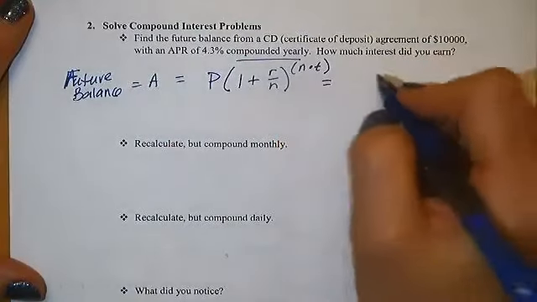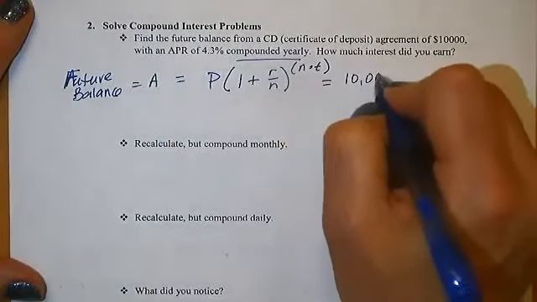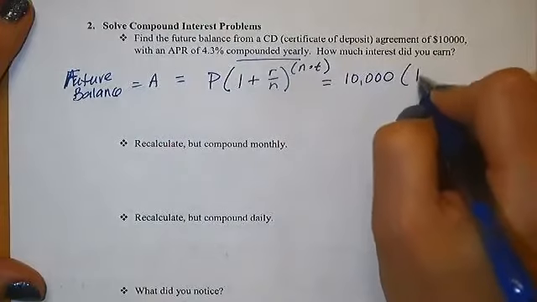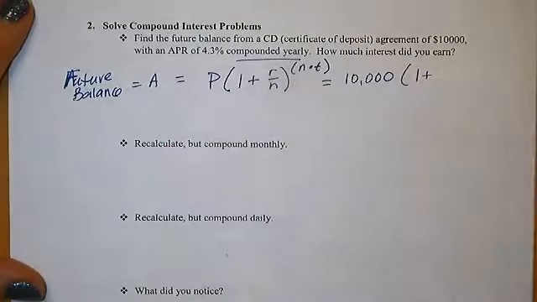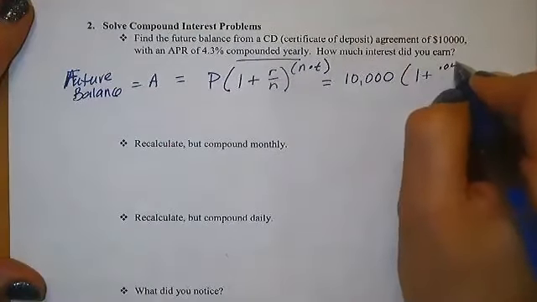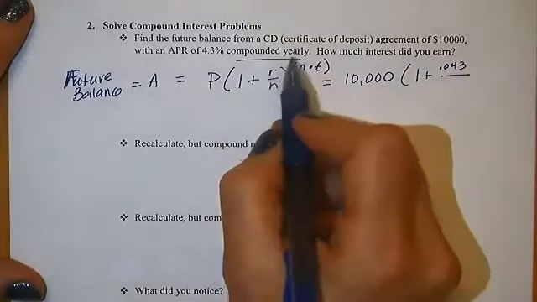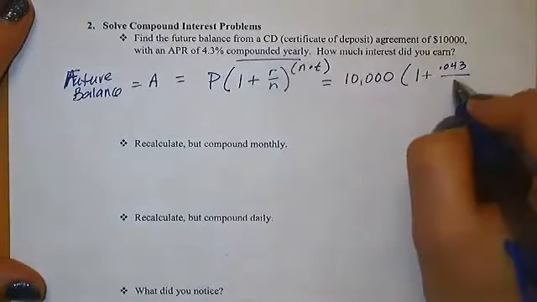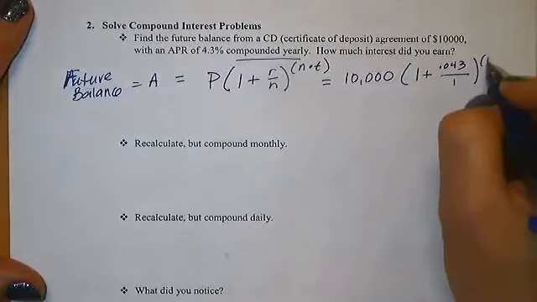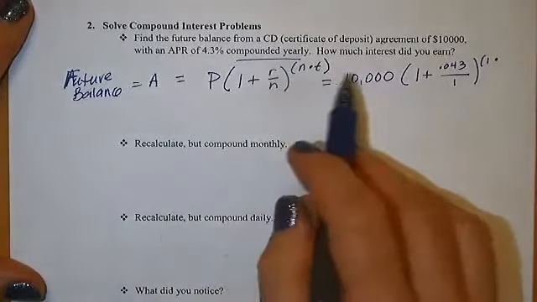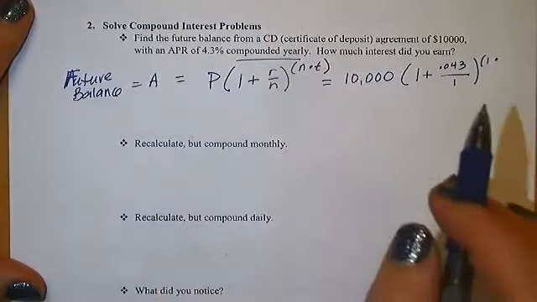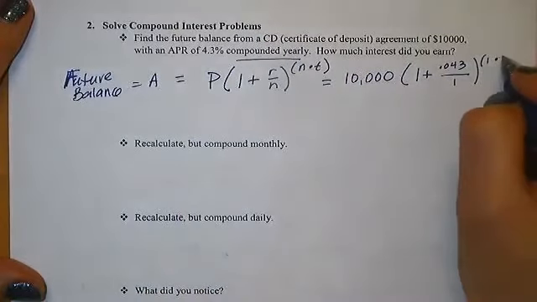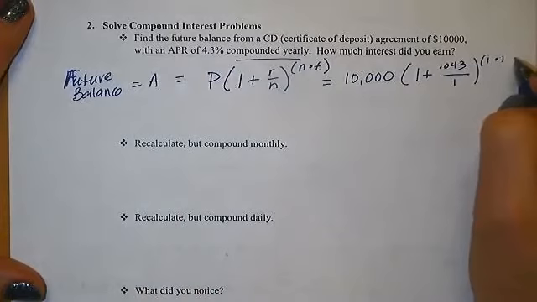So let's see, principal is $10,000 times 1 plus R, the interest rate is 0.043 divided by yearly. We're going to compound it just yearly. So that means just one time a year to the power of 1 times. We're going to save this money for simply just 1 year. So we're going to take that just to the first power there.